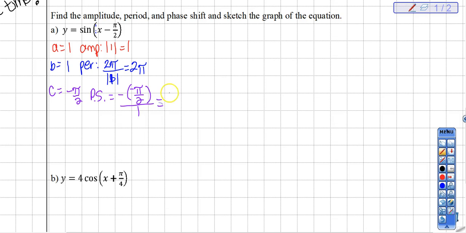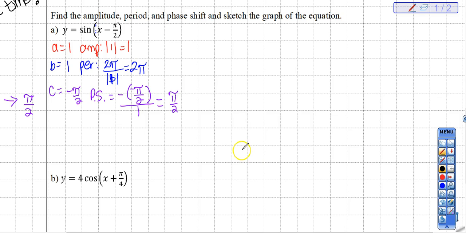So our phase shift is pi over 2. So you know what that means? That means that we are going to push the graph right, the sine function. All of the points are going to push right pi over 2. And you guys knew that, right? When you look at that, that's a horizontal action. And we always do the opposite of what it says. And since our B is 1, we don't have to stress. We're just going to push the graph pi over 2 to the right.